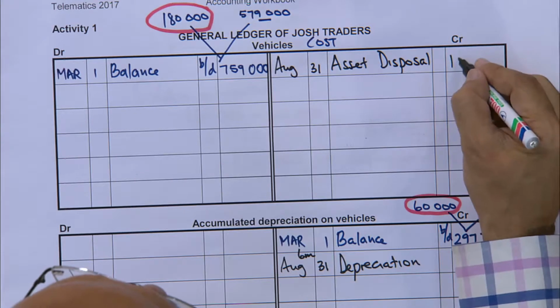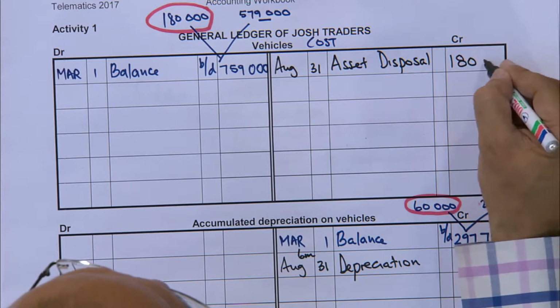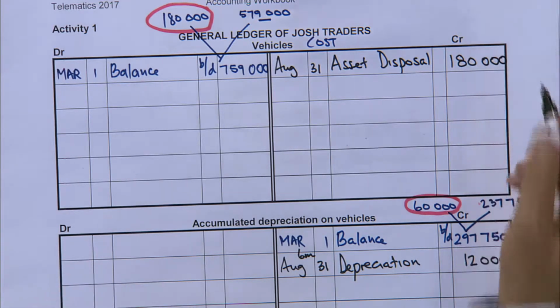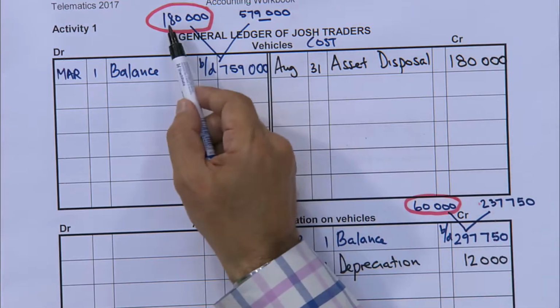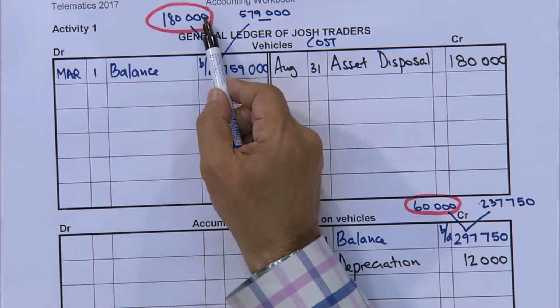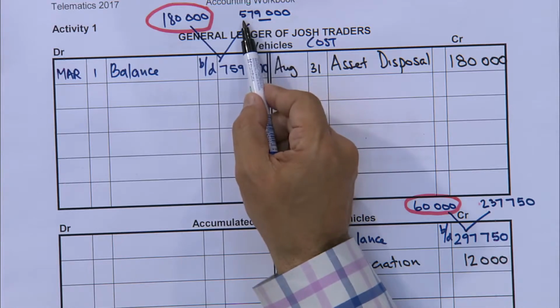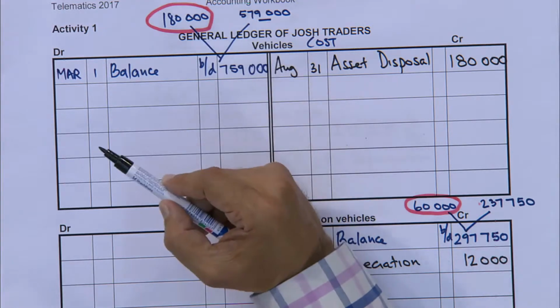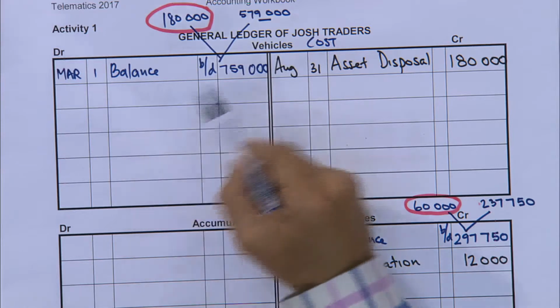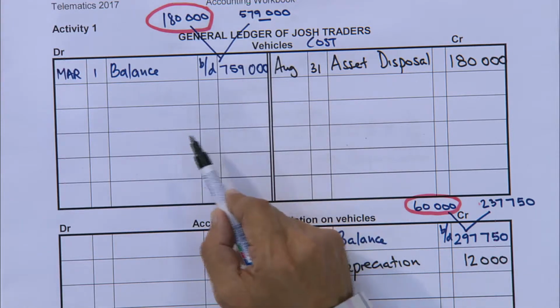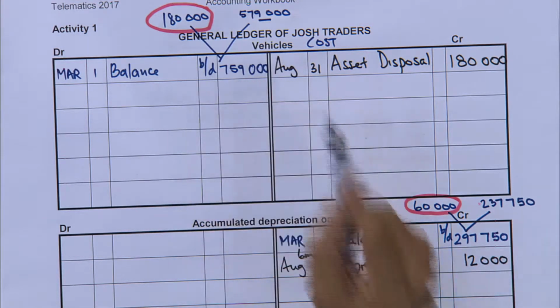It will be 180,000. If I'm taking out 180,000, then only a vehicle with a cost price of 579,000 will be remaining. If we're not going to buy any extra vehicle, then that should be the balance of the vehicle that will be left over.